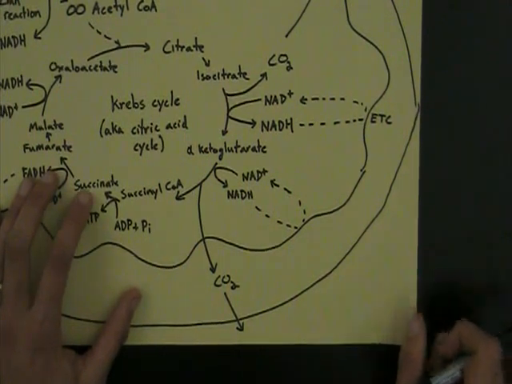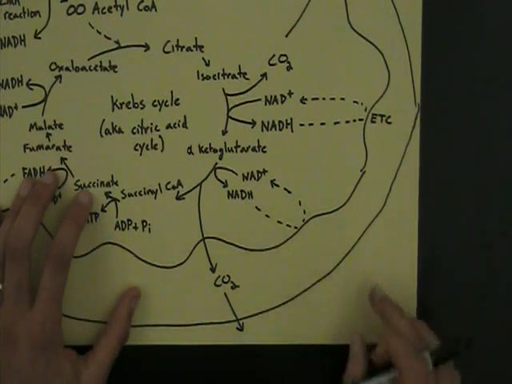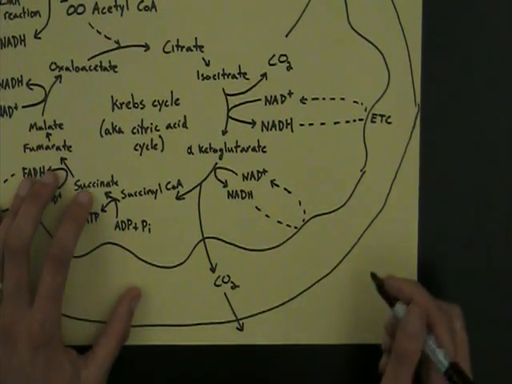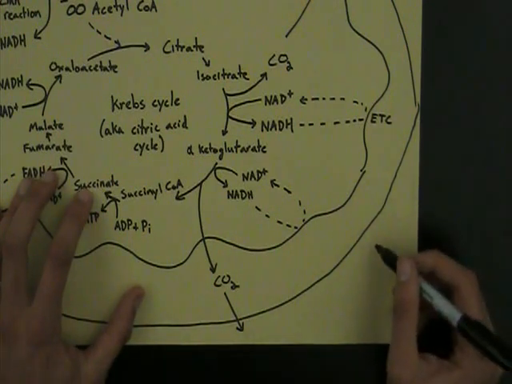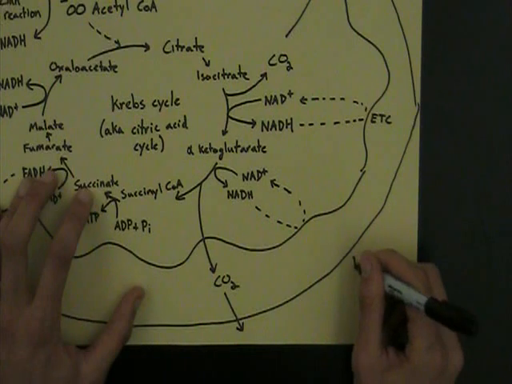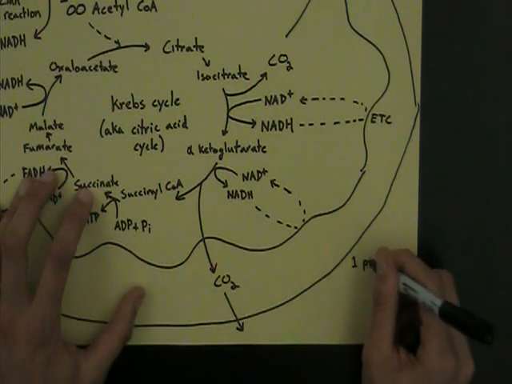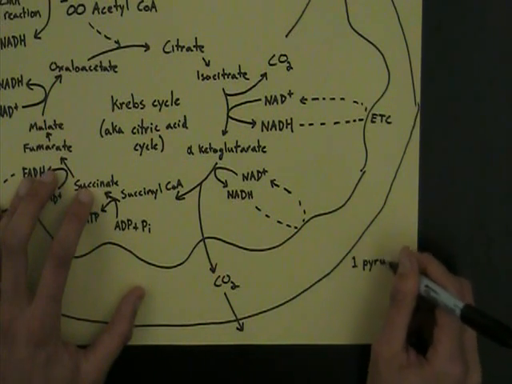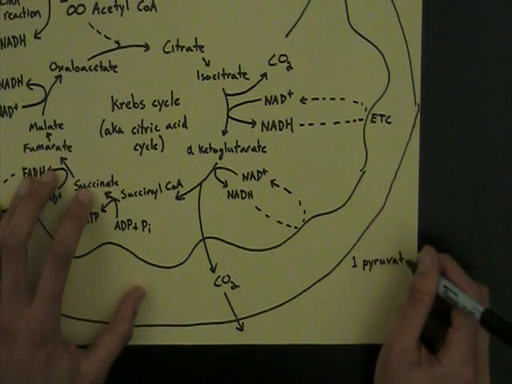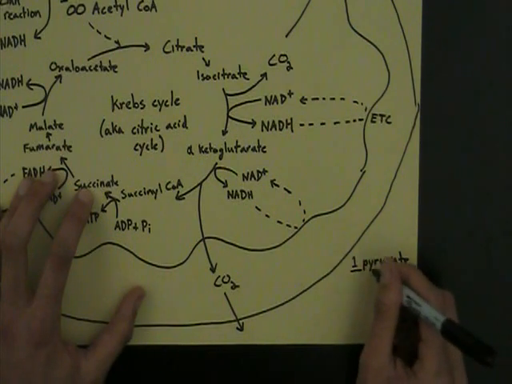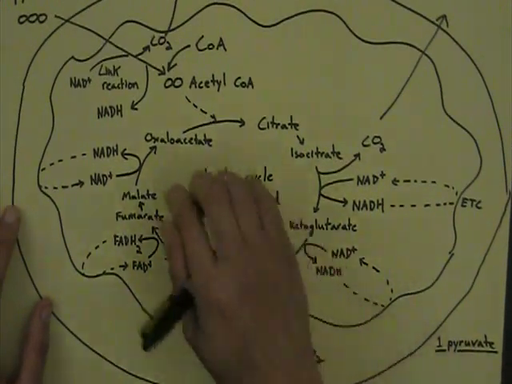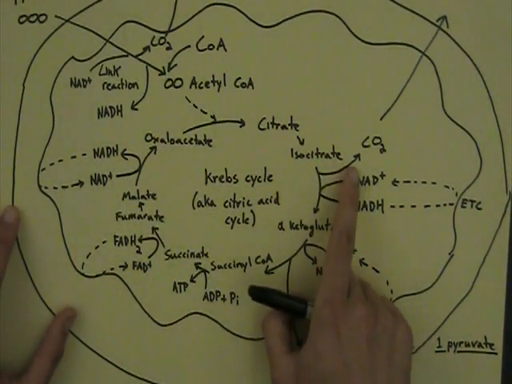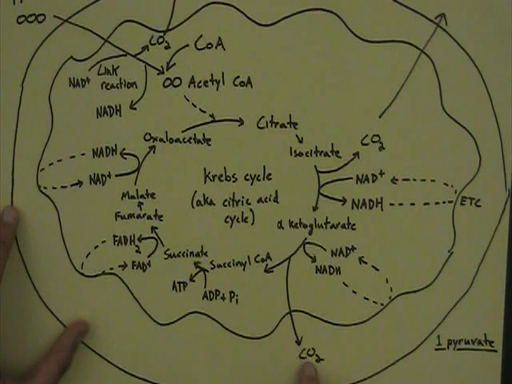So let's just talk about what our totals are in what is being produced. So, per pyruvate, and remember you need to double all of these numbers if you're talking about glucose. So out of 1 pyruvate, what are we getting? Well, let's count the number of carbon dioxides. 1, 2, and 3.